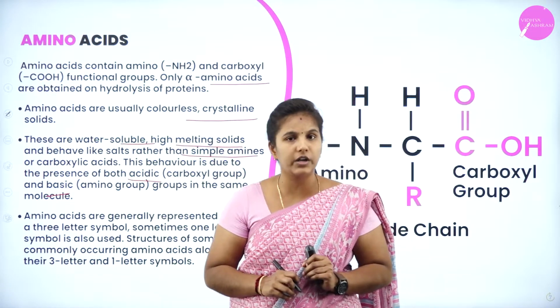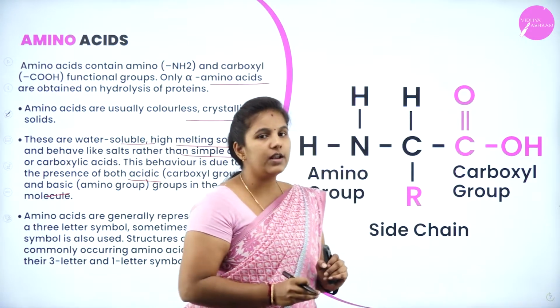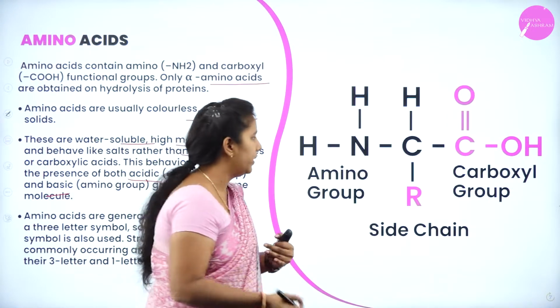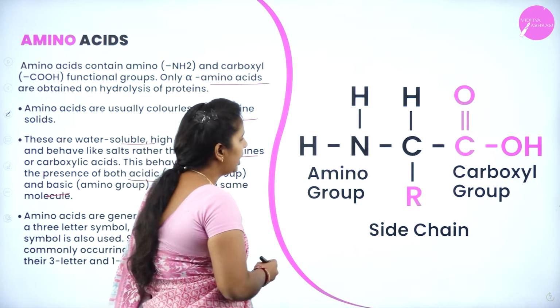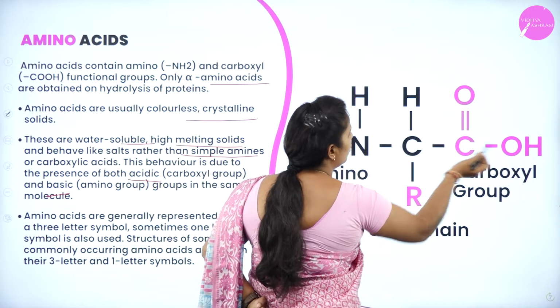That is very important. So, here I have a picture of an amino acid so that you will understand which is a basic group and which is an acidic group. You can see that this is a general representation of the amino acid. You can see that there is a C double bond OH.